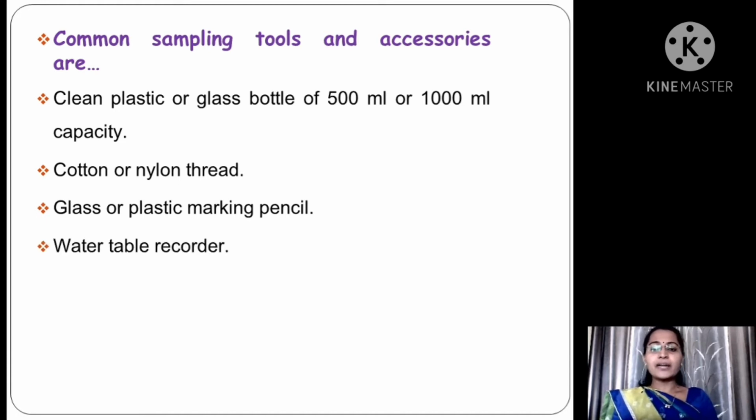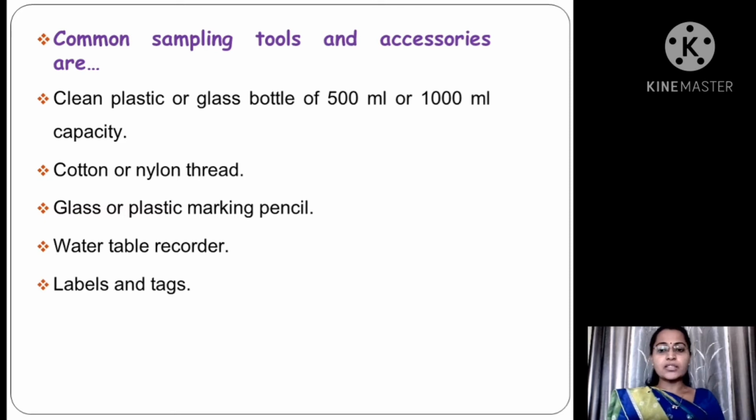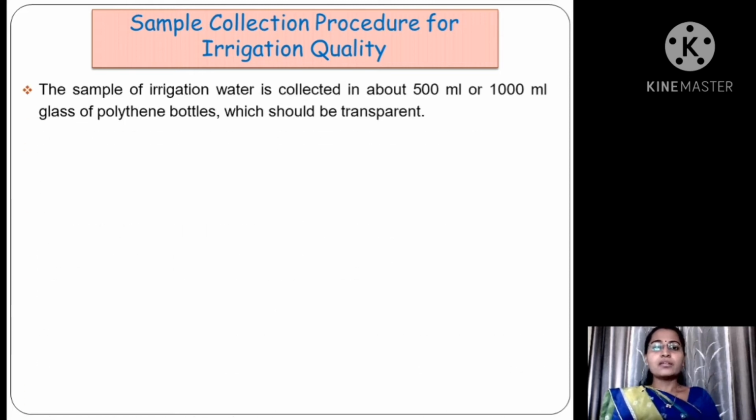We also require water table recorder, labels and tags. These things are required when we collect the sample. Sample collection procedure for irrigation quality: what is the procedure to follow when we collect the sample?